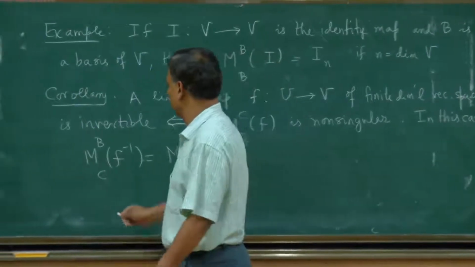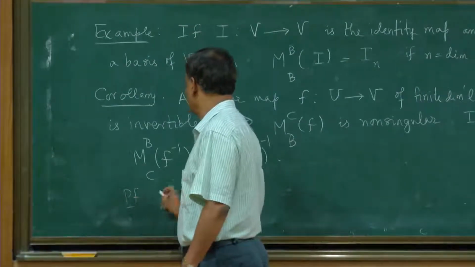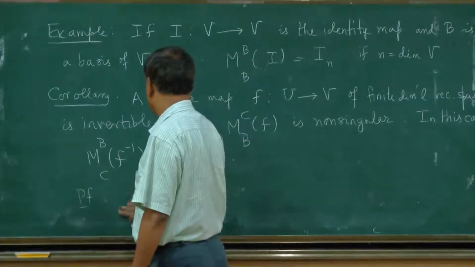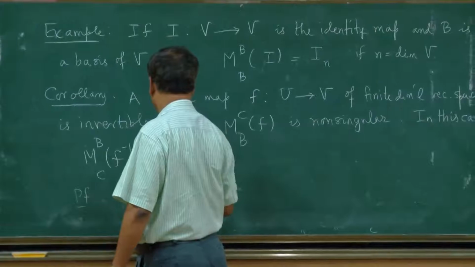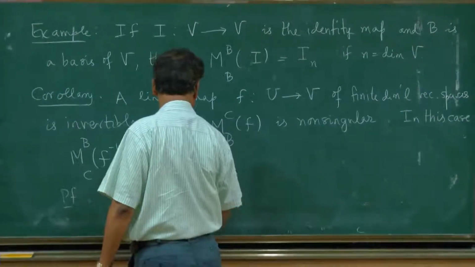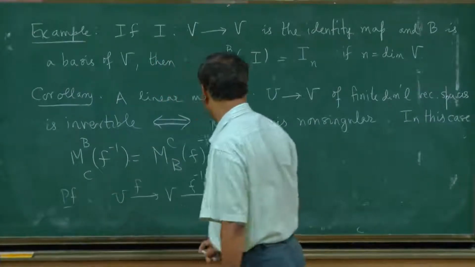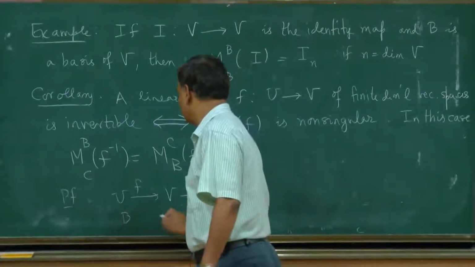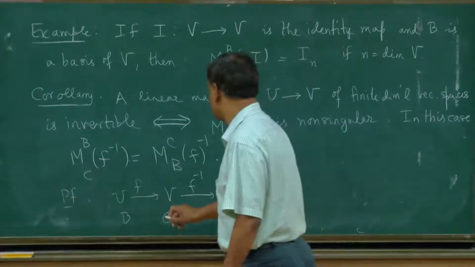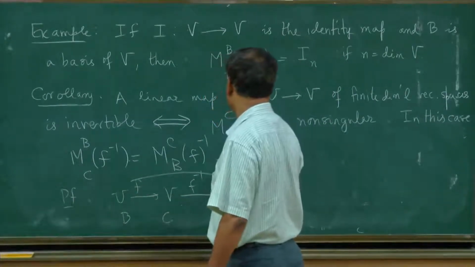Why does this follow? I have a map U to V, F, and I can take F inverse. If F is invertible, then this is a map from V to U, and if I have a basis B here, C here, again B here, this composite, if it is invertible, is the identity.